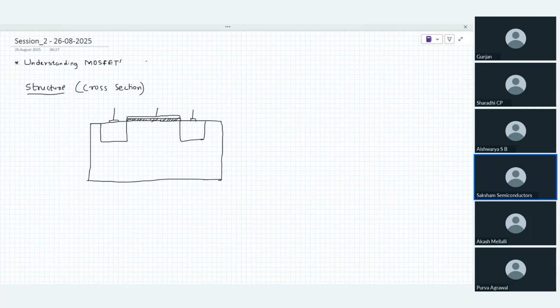Now we also know that MOSFETs are typically classified into two types, and everyone is aware of that. They are basically NMOS and PMOS. Sometimes they are also categorically classified as enhancement and depletion type.